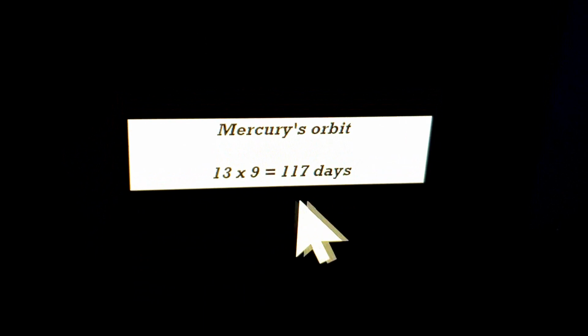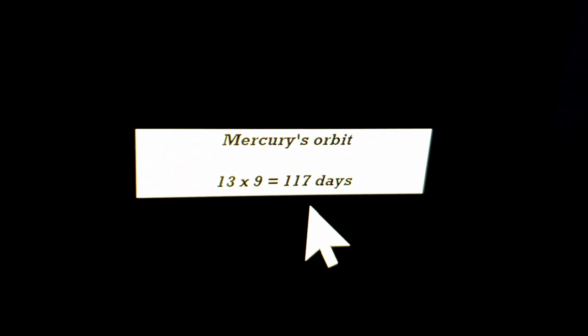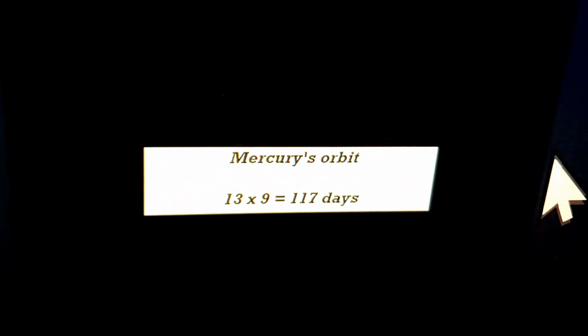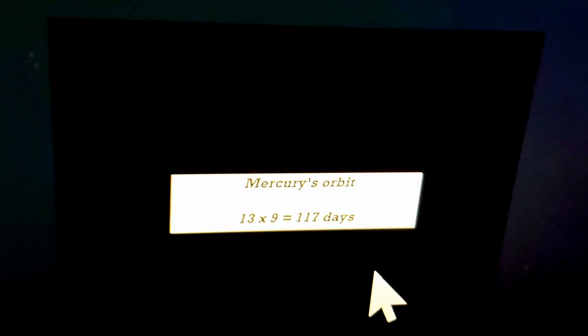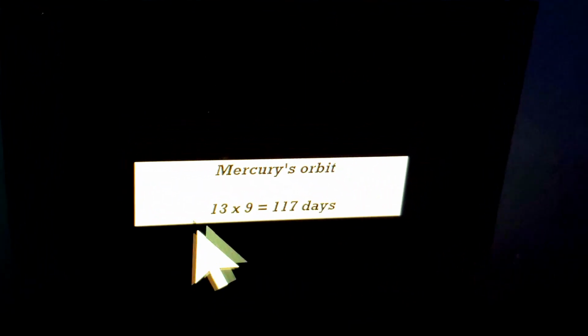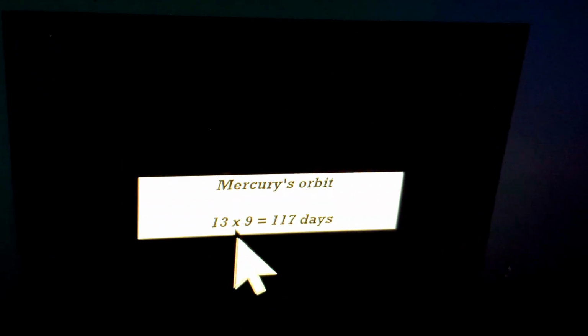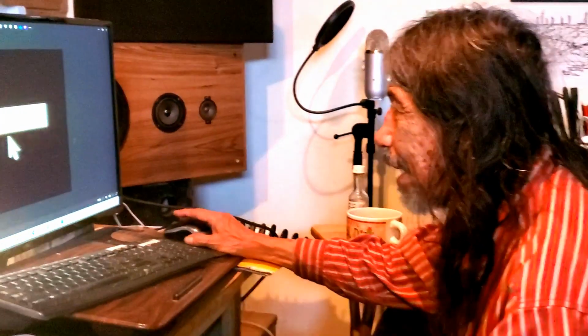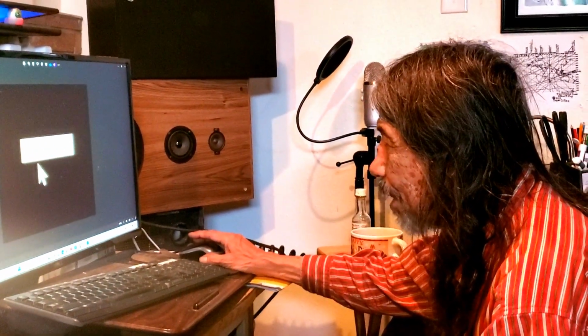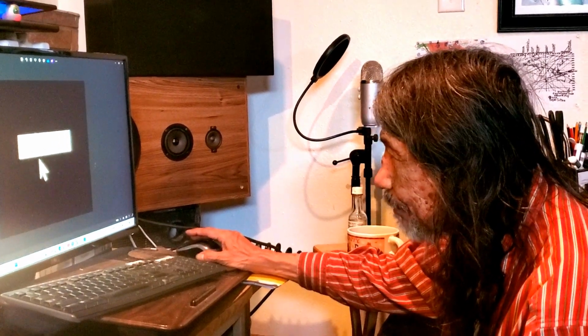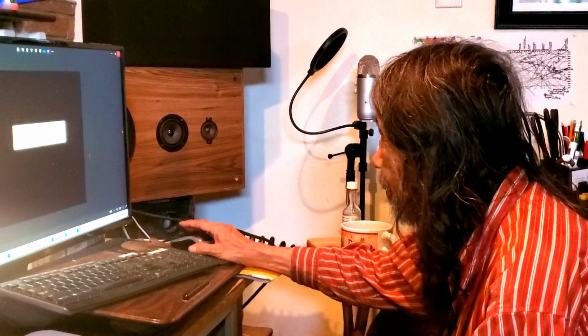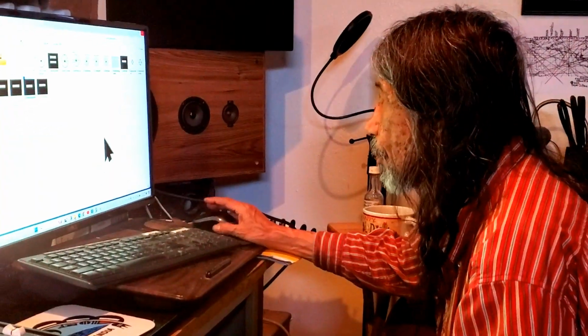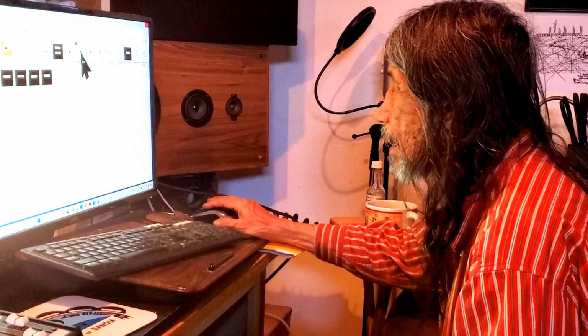It takes 117 days in the sacred calendar for Mercury to make a complete orbit back to itself. So that's Mercury's orbit, using 13 times 9. Now I'm going to show you a 13 circle that's equally divided, and explain how these 9 days fit within this 13.